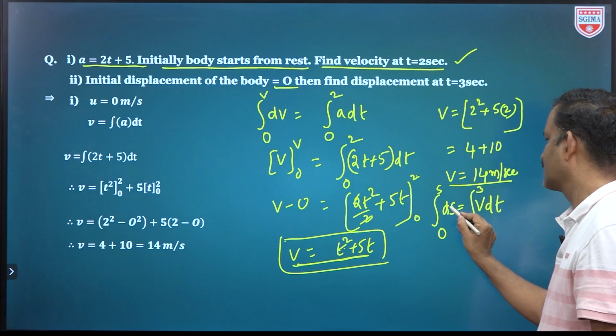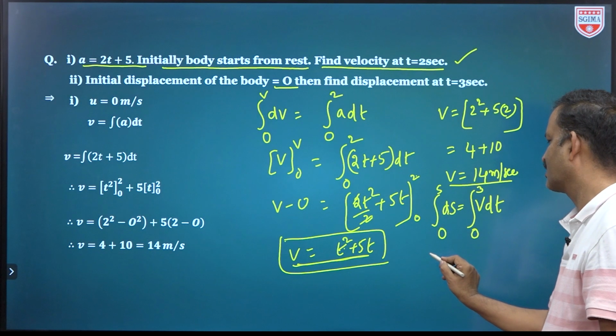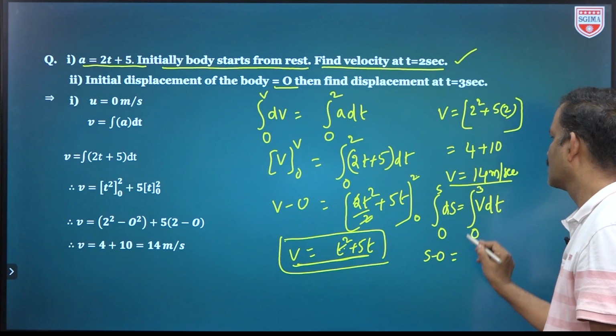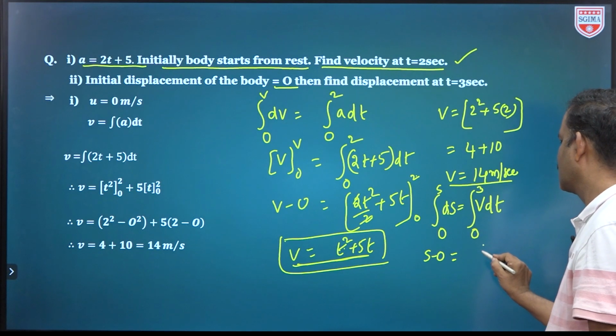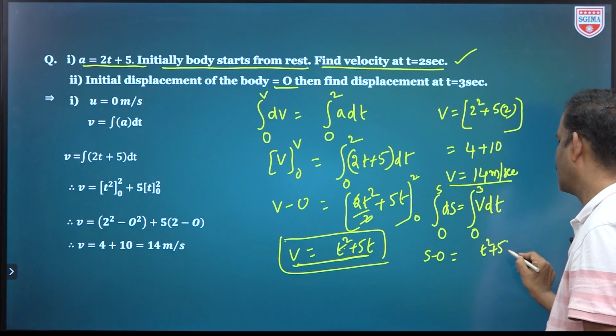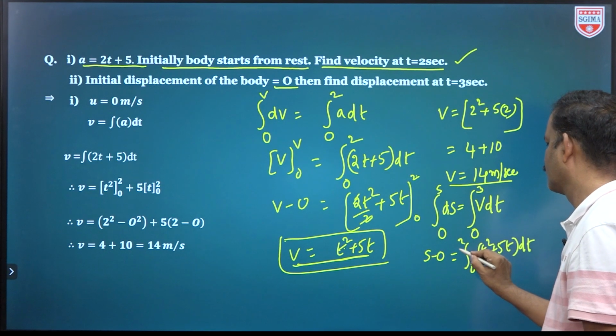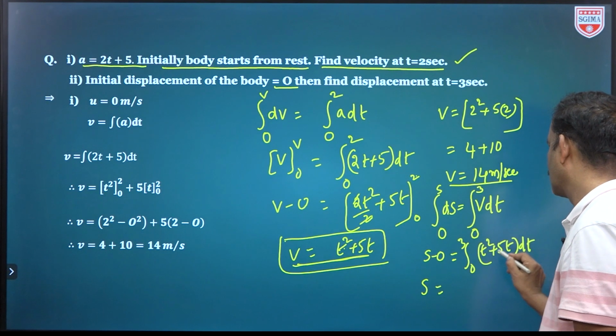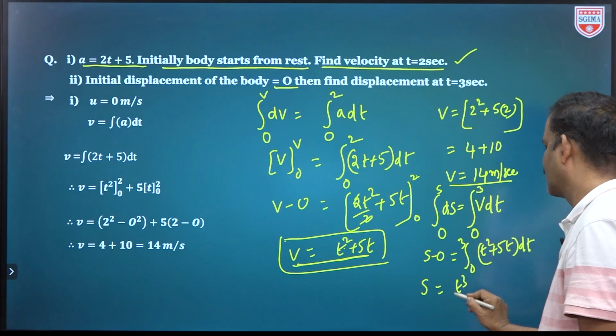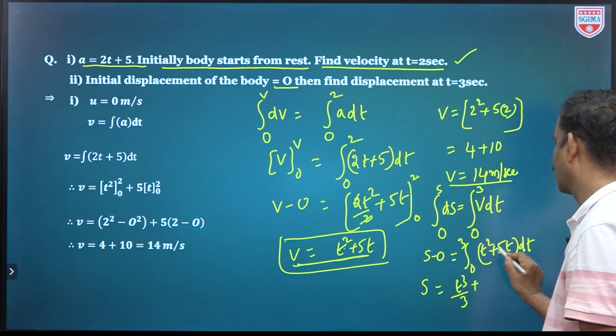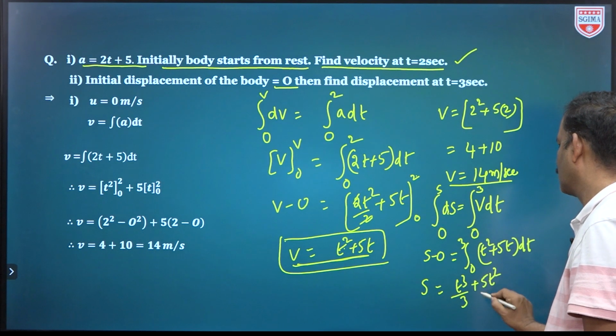Now integral of ds is s, limits applied, s minus 0 is equal to integral of v, t square plus 5t dt, from 0 to 3. So s is equal to t cube by 3 plus 5t square by 2.